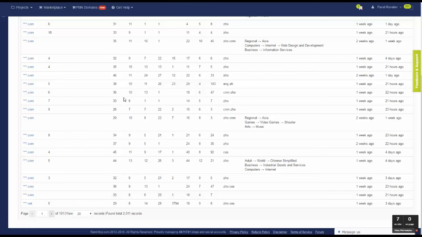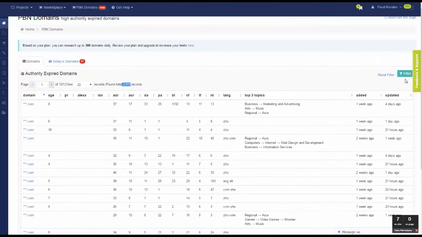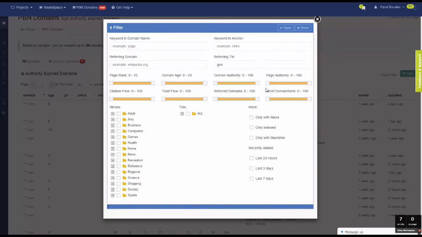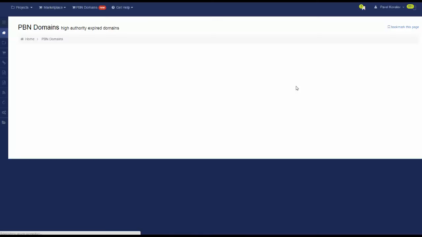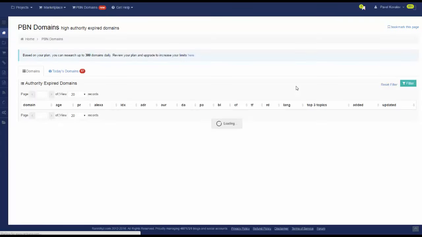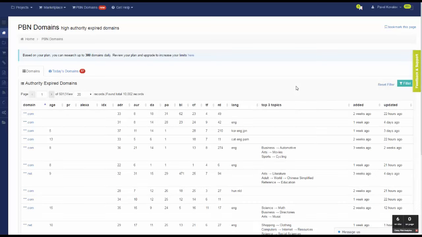You can see the EDU links. Let's see how many EDU links we have. The sites with referring EDU sites: exactly 10,000 sites.